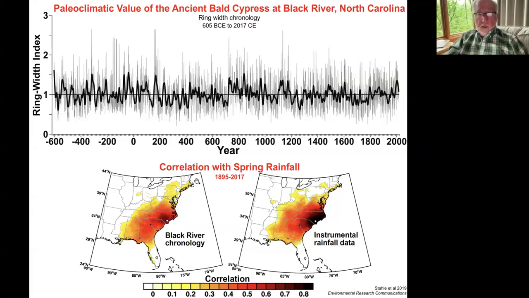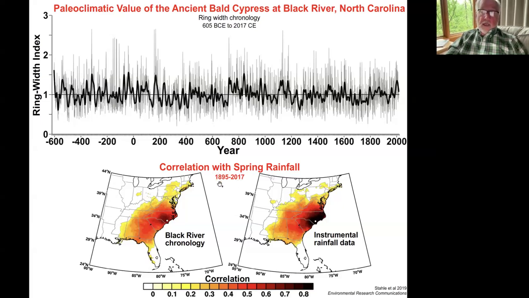And so we can correlate our tree ring chronology from Black River with gridded precipitation data. So we have real fine scale 4-kilometer resolution precipitation observations available from 1895 to present.